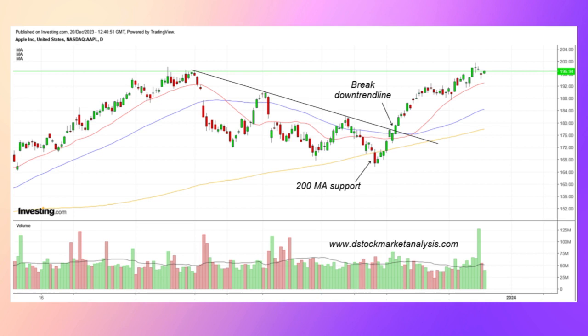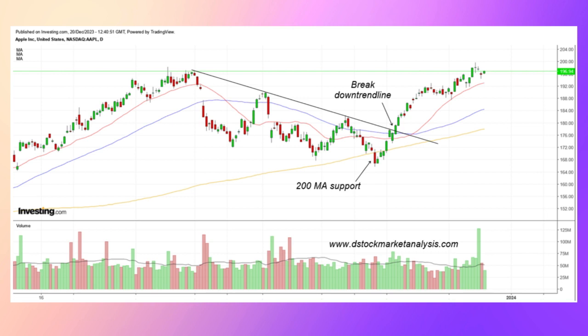the 200 MA. The 200-day moving average is actually a support, and sometimes when the stock touches it, it immediately bounces up. But sometimes it will slash through the 200-day moving average, and then it will bounce back up. Just like in this case here, the stock slashed through and then bounced back up.